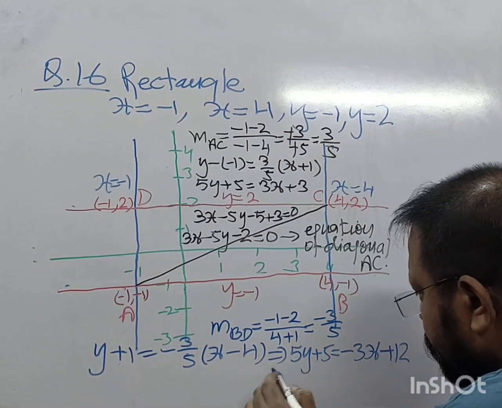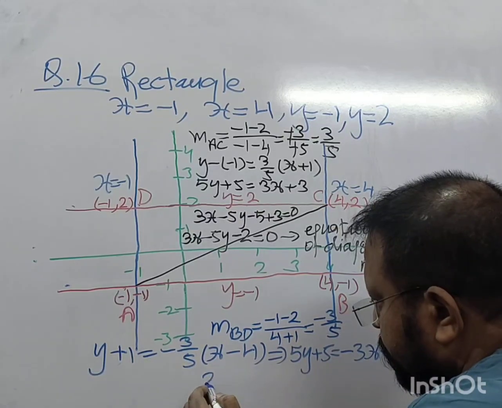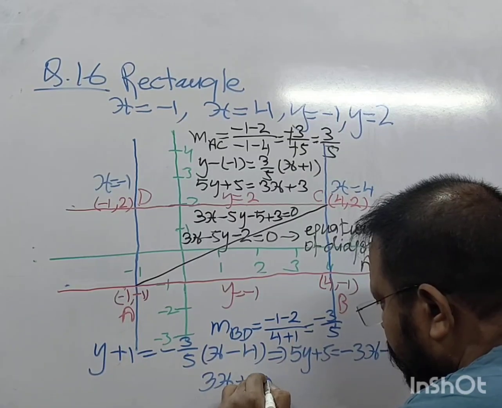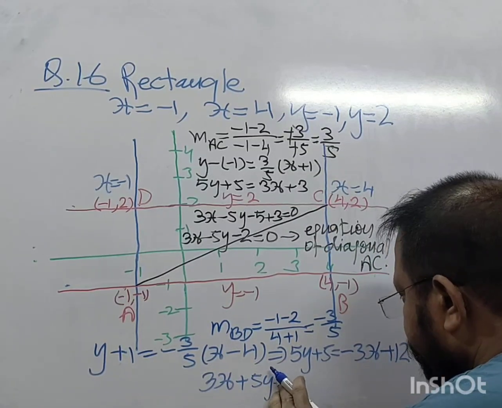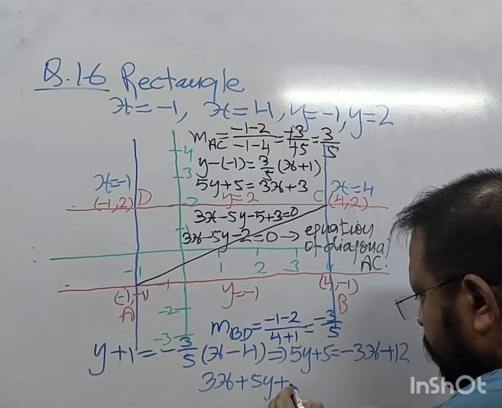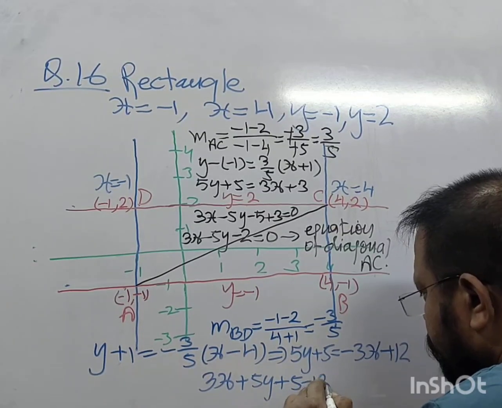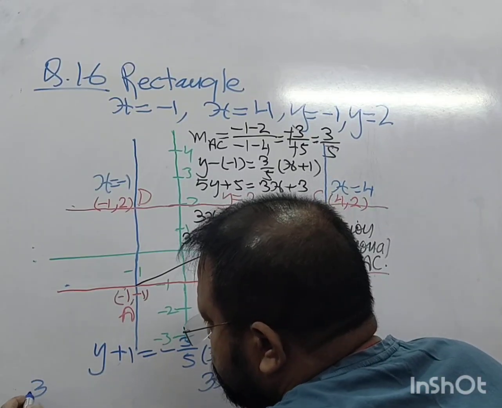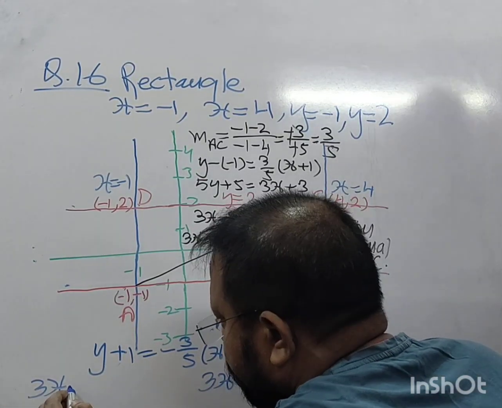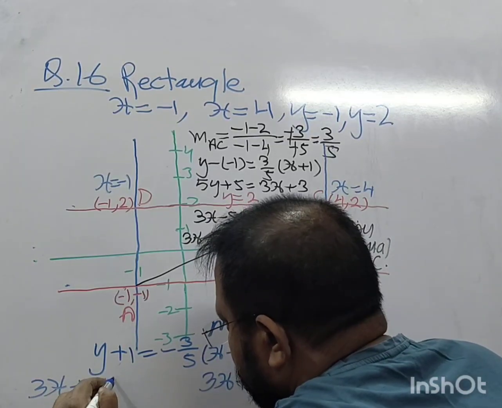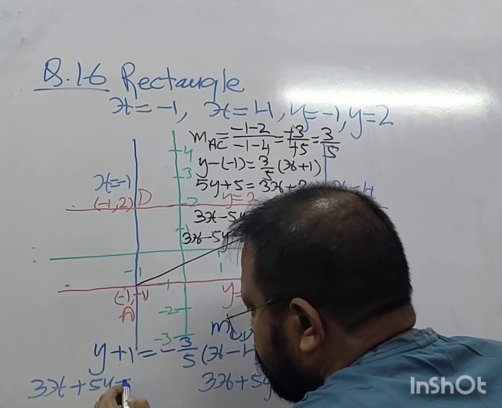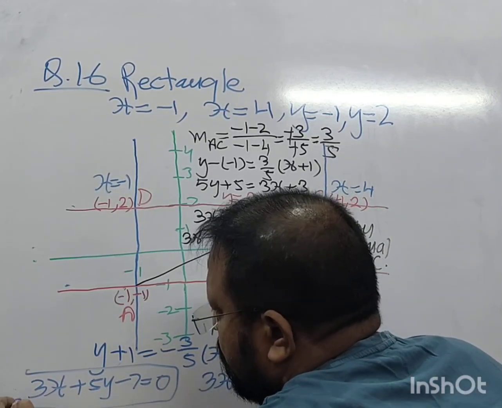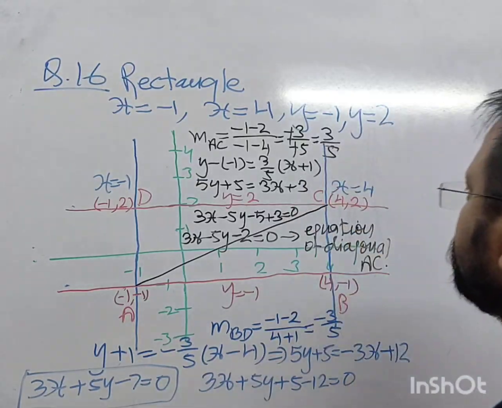So we can write 3x plus 5y plus 5 minus 12 is equal to 0. So we get 3x plus 5y minus 7 is equal to 0. This is the equation of diagonal BD.